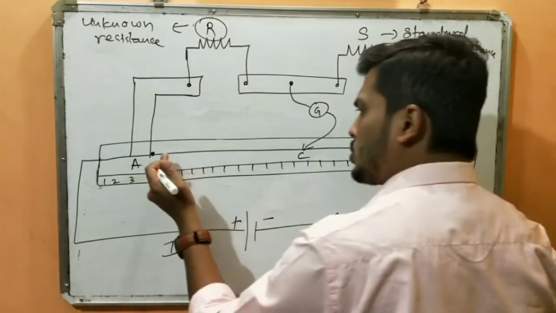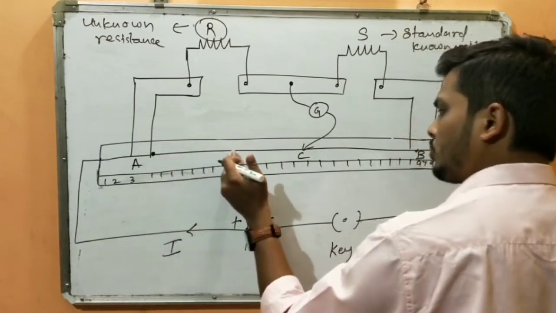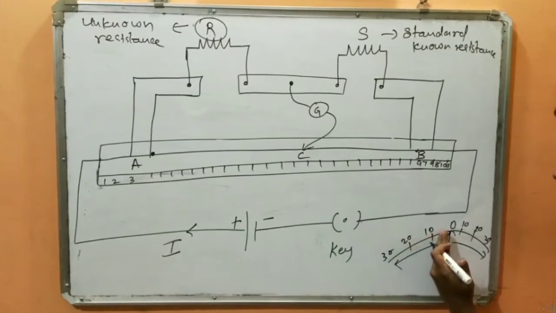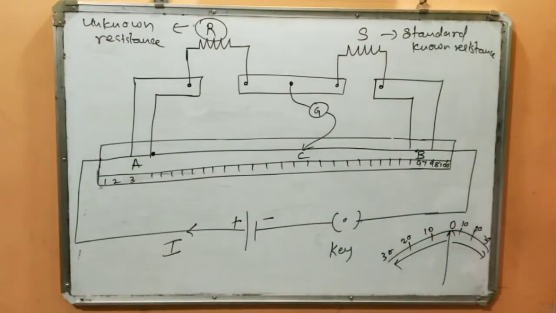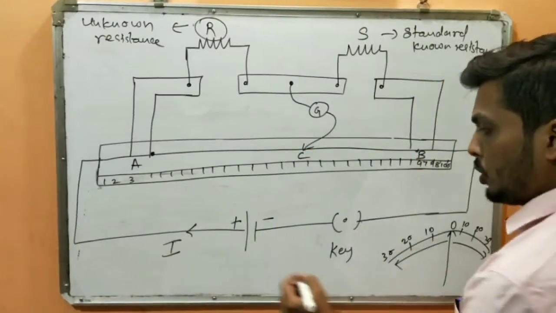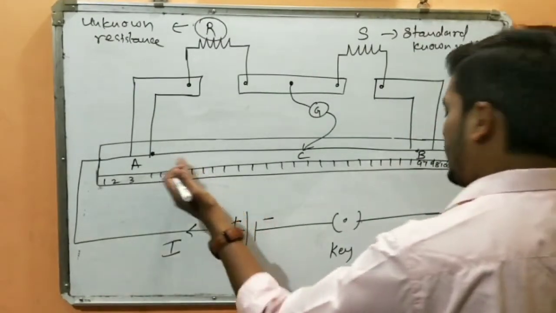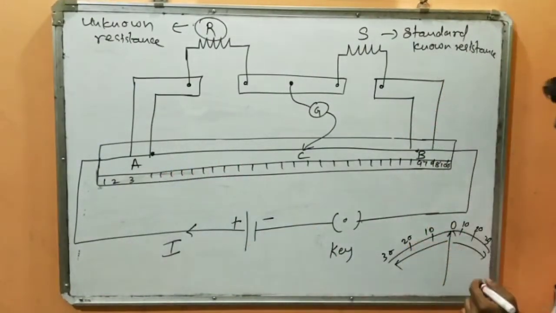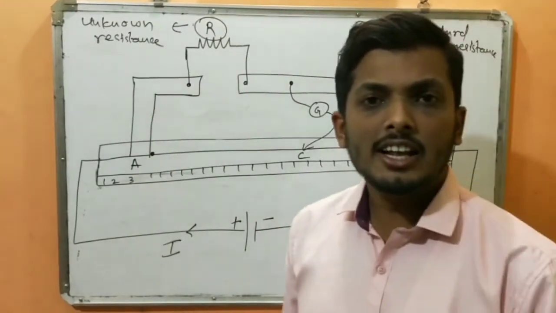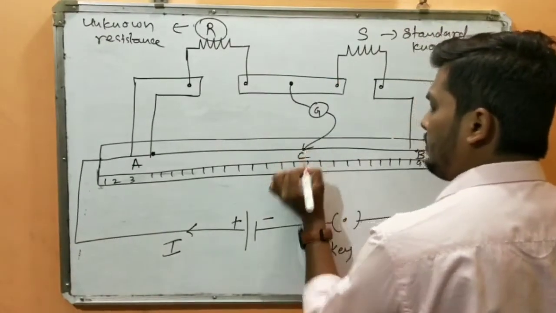So if I slowly take this sliding contact over this wire, the galvanometer pointer would slowly come to the center. At one particular length of the wire, I have told you the wire is of 1 meter, or 100 centimeters, you would find that the galvanometer points towards 0, indicating that no current is flowing through it, and you are going to mark that point.